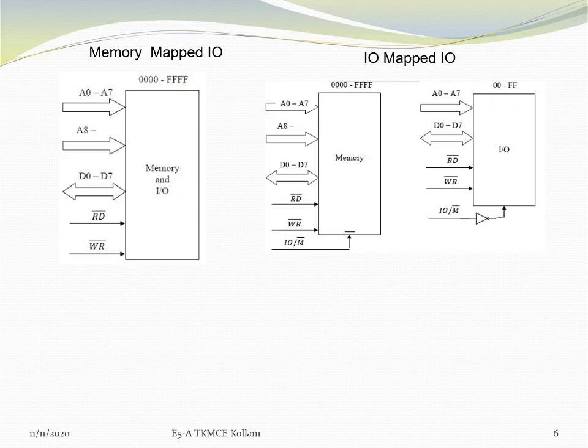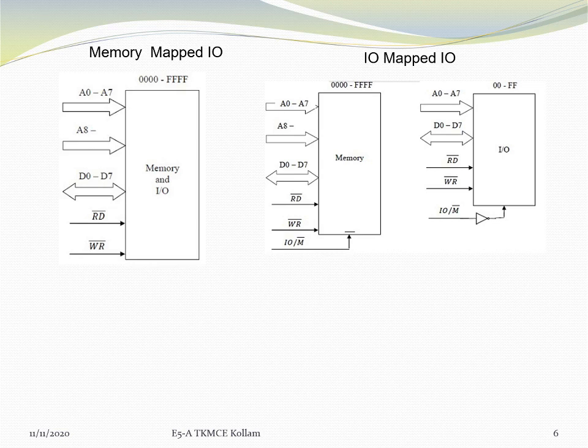Here, the full address space from 0000 to FFFFH is used for memory, and a separate space, that is 00 to FF, is used for I/O devices. Therefore, the microprocessor can address 2 raised to 16 memory locations and 256, that is 2 raised to 8, I/O devices separately. Here, IN and OUT instructions are used to activate the IO/M bar signal.